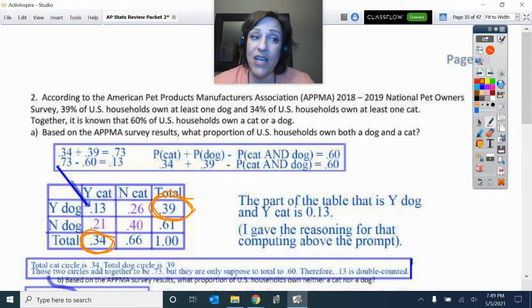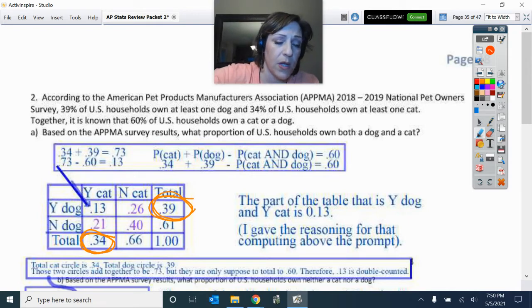But it is known that 60% own a cat or a dog. So that means that these three little parts right here that add together have to total up, well, everything but this has to total up to that 60%.